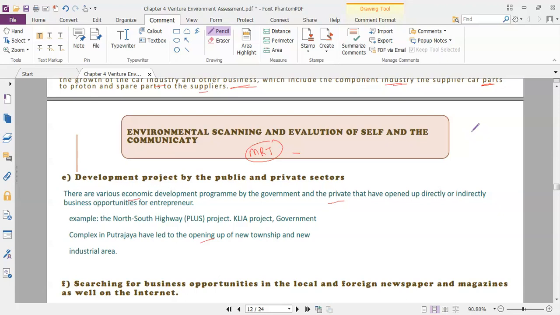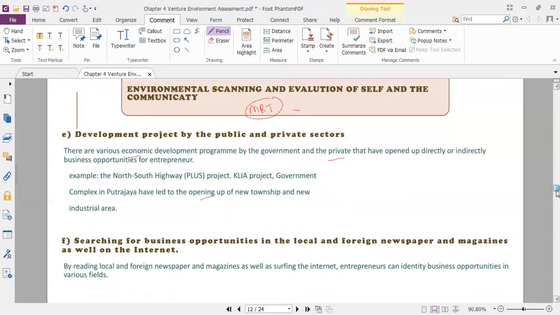So that is your opportunities to have petrol station near that new location. So semua orang akan bertumpu pada suatu tempat. That will increase our opportunities to create a new business on that area. Itu maksud dia, for development project by the public and private sectors.